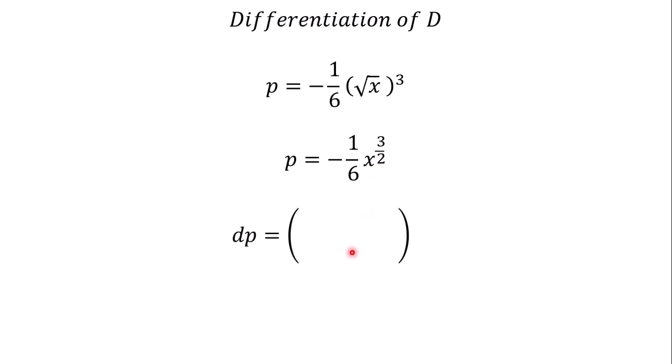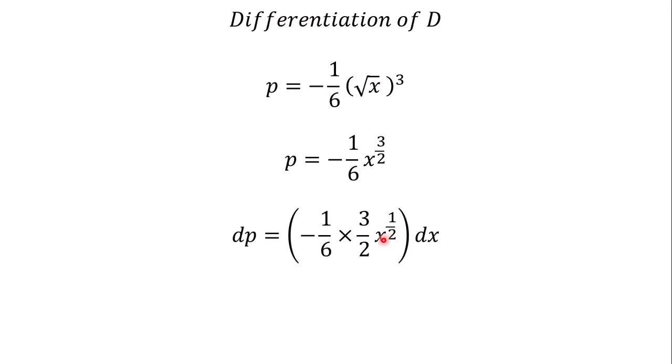And that reducing this one by 1 will give us what? Half. So dp is equal to, as I said, minus 1 over 6 times 3 over 2 times, we decrease the power of this one, but I've already shown you how we decrease the power. That is why here I didn't show, that one we have done a lot about it.